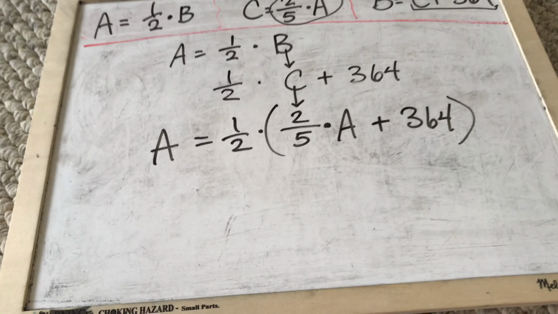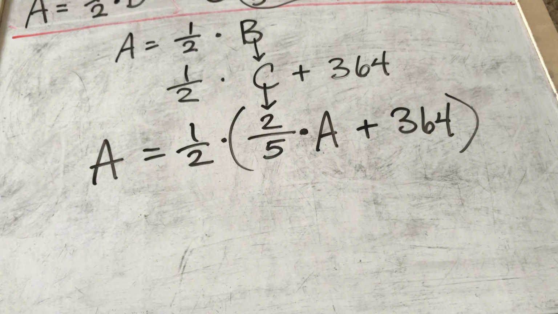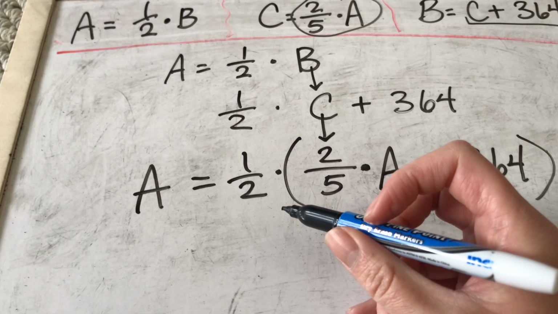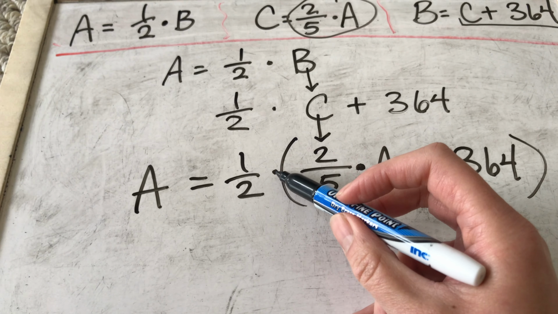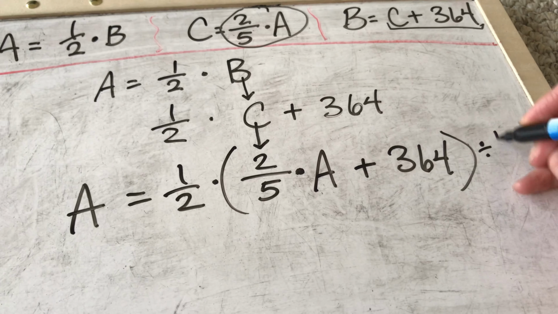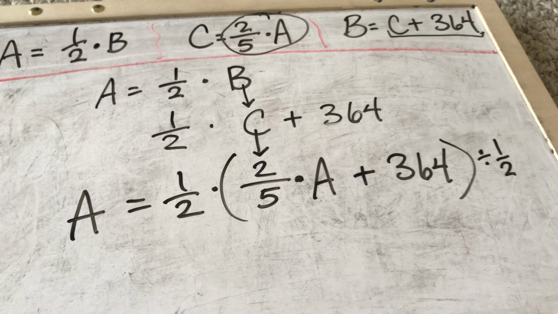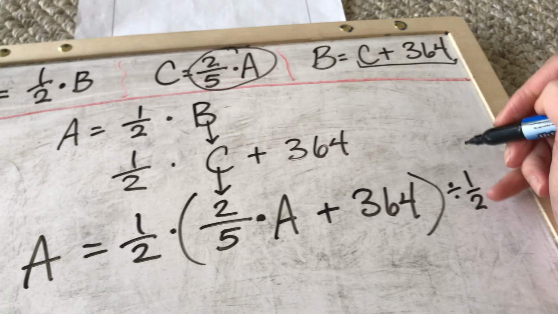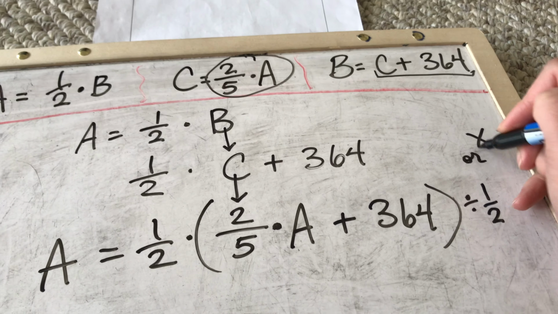So let's do a little bit of the algebra and work backwards. I'm going to start by getting rid of this half. And the way I do that, the opposite of this times a half is divide by a half. Another way to think about dividing by a half is also multiplying by 2.